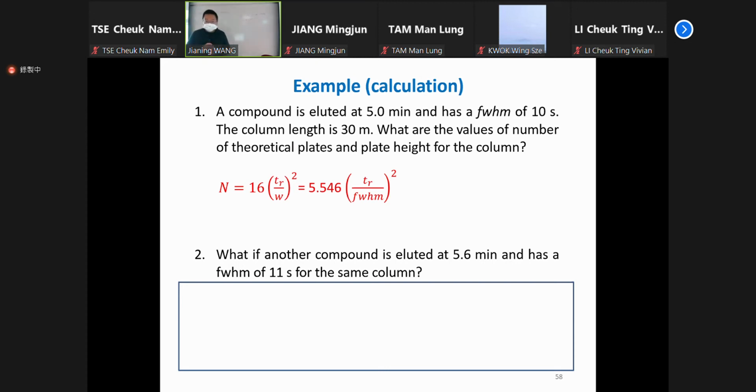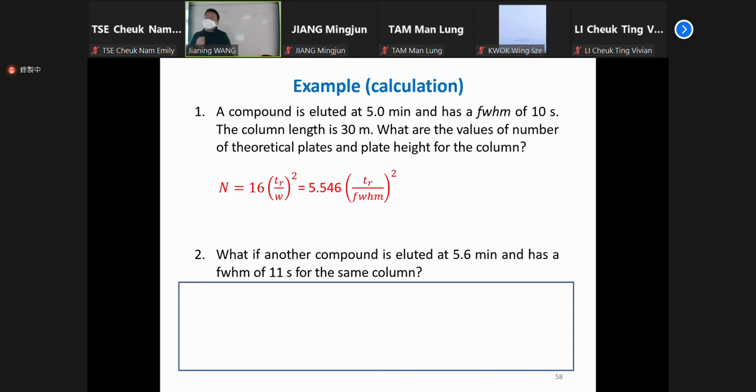Usually this formula is easier to remember, right? But that takes a little more time. You can still remember this formula. So we already have FWHM, and we want to know n. We also have the retention time, so we can apply this formula.